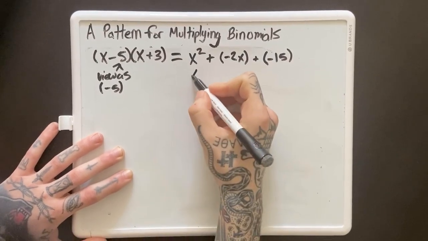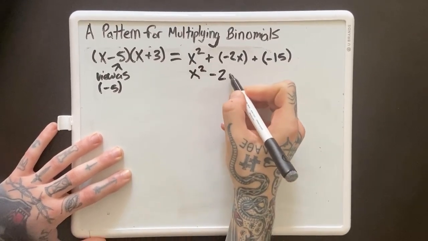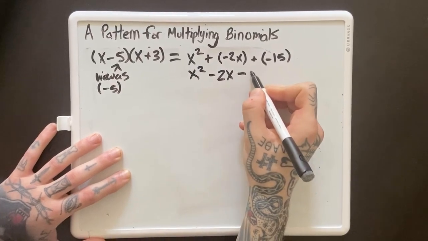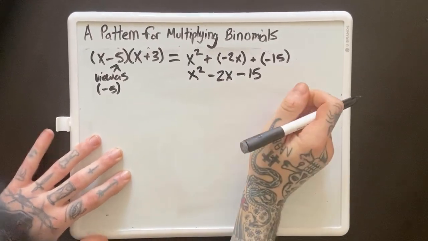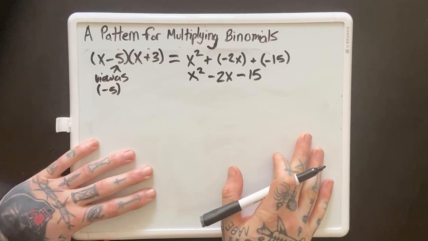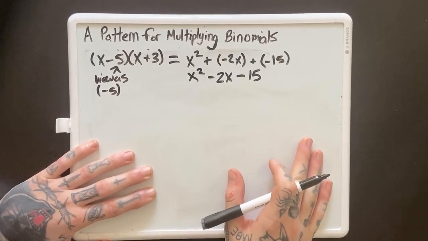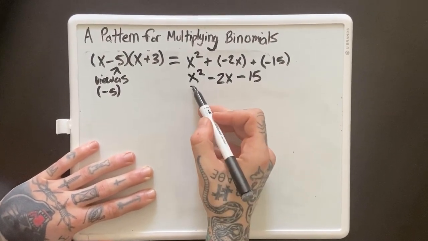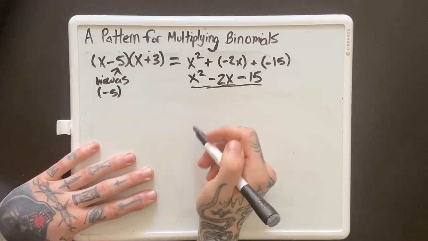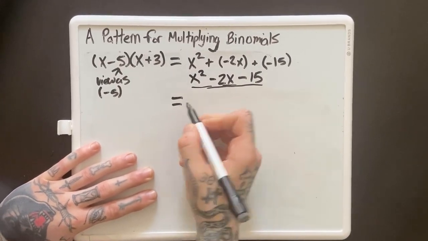We could also have written this way if we had wanted to. Either way is fine. Okay? So this is our new pattern. Let's just double check with FOIL.